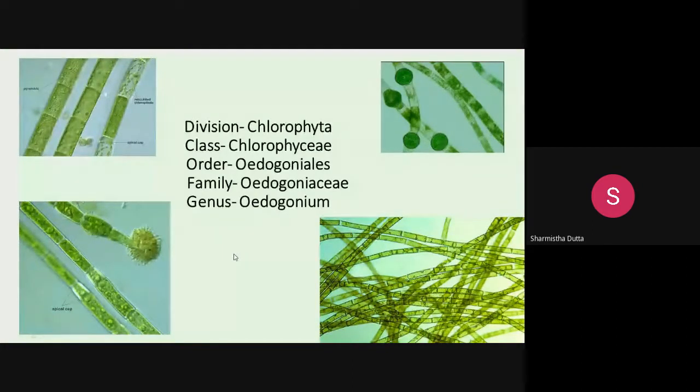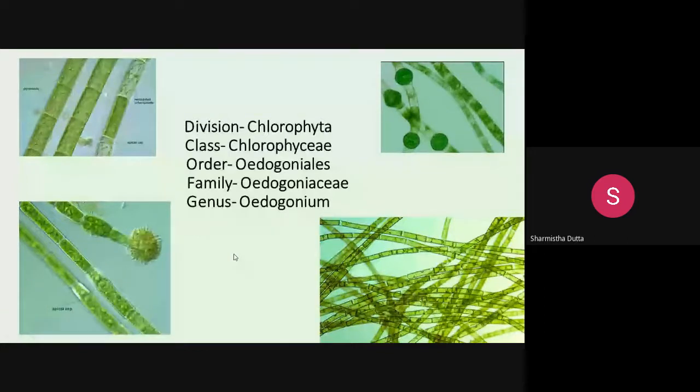It's called Oedogonium and not Oedogonium. The O is silent. Understand that. Don't make mistakes. Now, if you see the images, there are 4 images on the slide. You can make out that it is a filamentous form.